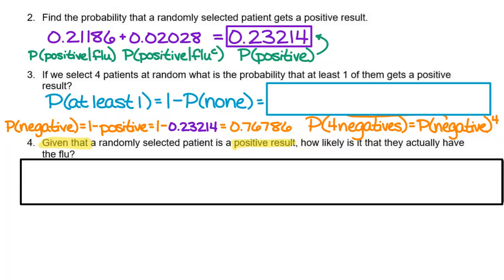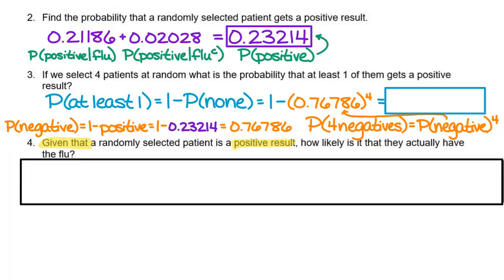The probability of a negative times the probability of a negative times the probability of a negative times the probability of a negative. So I would have 1 minus 0.76786 to the 4th power. Yes. The exponent is 4 because it's 4 people. So what we're doing with this right here is we're actually looking at the intersection of these 4 events.